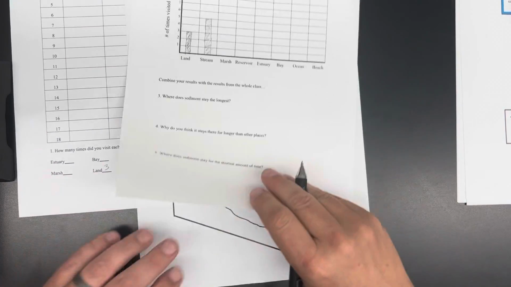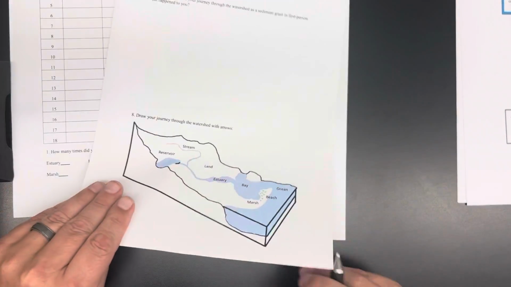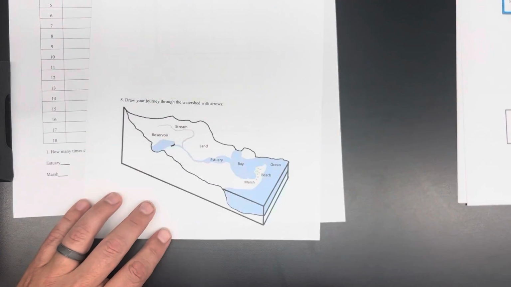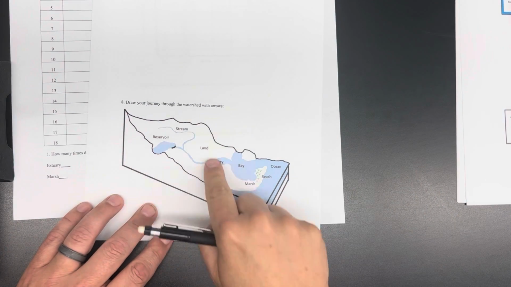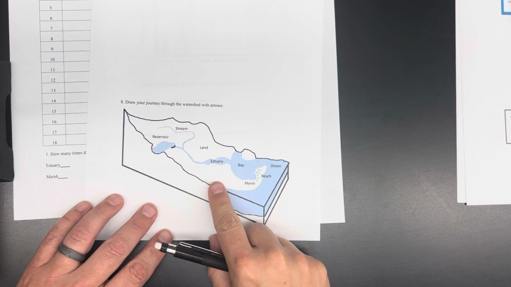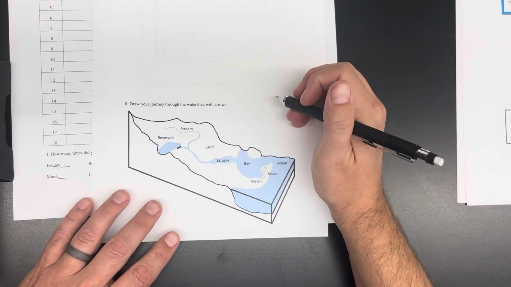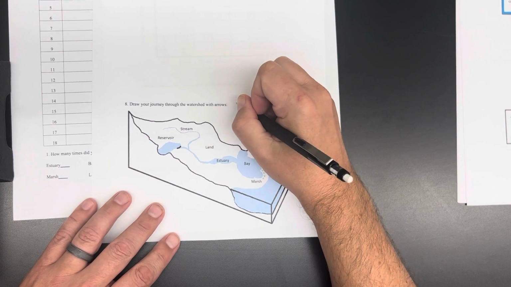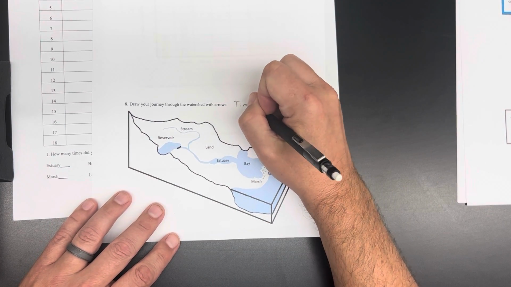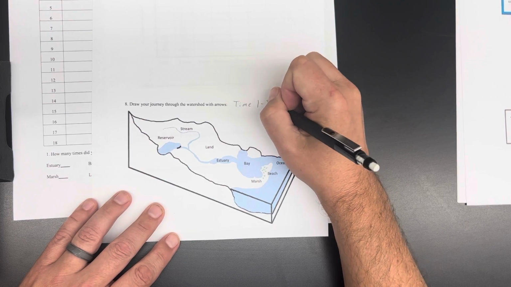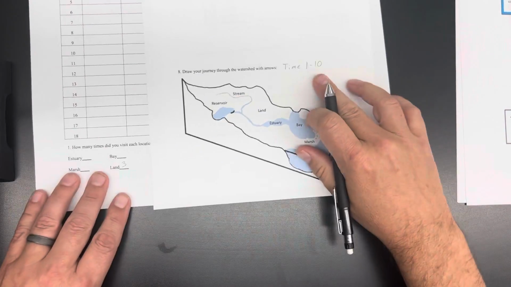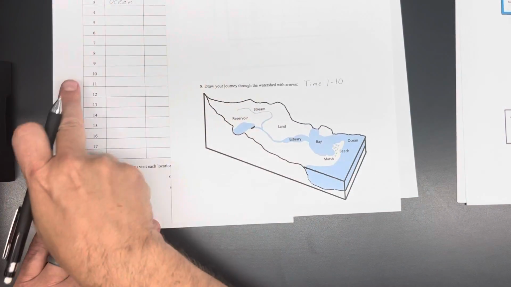Then answer these questions. And at the very end, number 8, you want to draw where you went from and to. We don't want to overwhelm it, so let's do from time 1 to time 10.